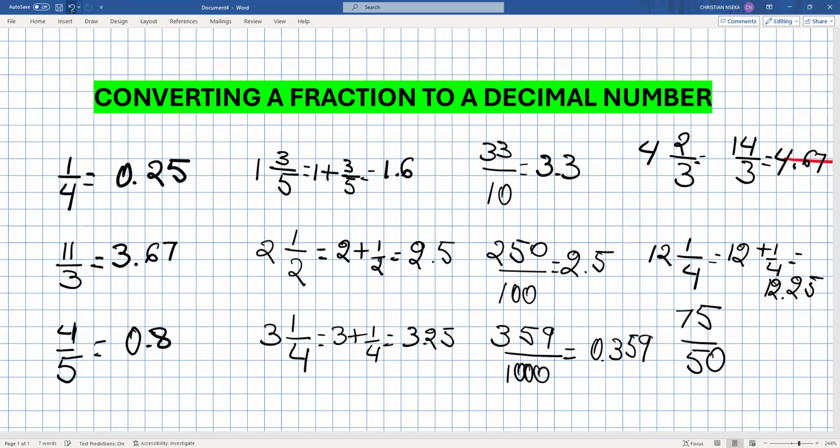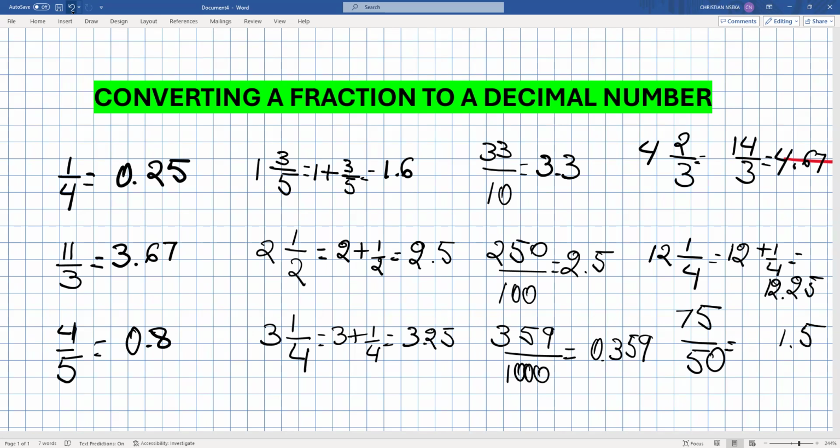All right. Let's do this one here. This is a case of an improper fraction. So you're going to have 75 divided by 50. You got 1.5.